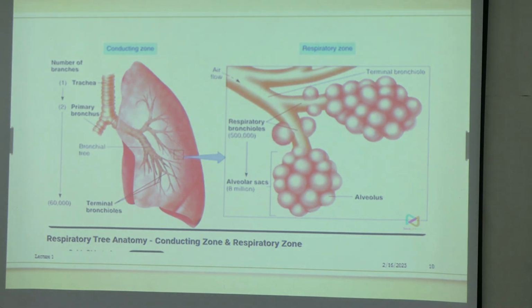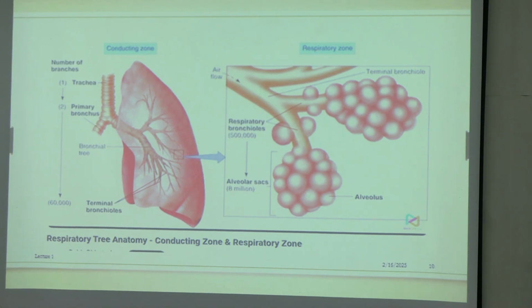If you see the structures, the conducting airway starts with the windpipe called the trachea, right? The number of tracheas present here is only single. It branches into the primary bronchus. What is the maximum number of primary bronchi? That is 2, which originate from the trachea.